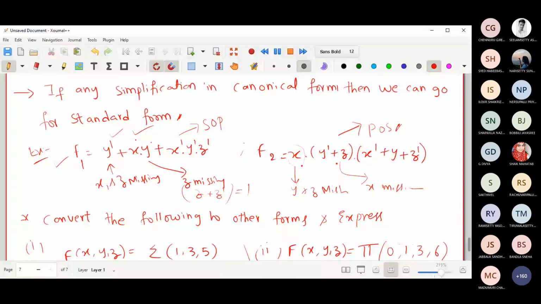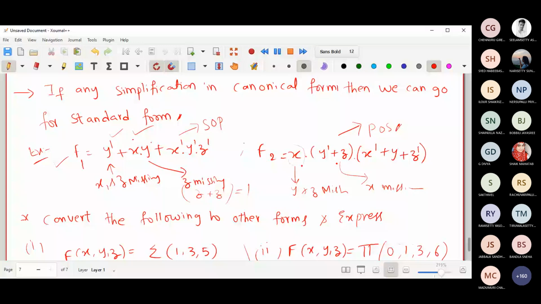Like that you can convert the given standard form into canonical form, which is either sum of minterms or product of maxterms form. It is bidirectional: you can convert canonical form to standard form or standard form to canonical form. The only thing is you should practice the Boolean laws and theorems.